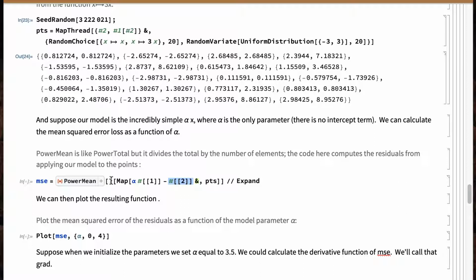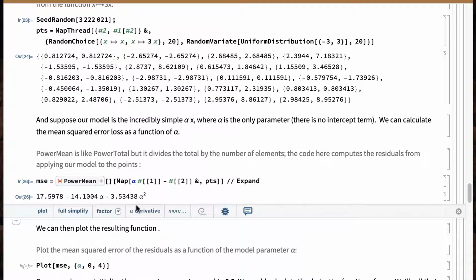Nothing really turns on it, but the Wolfram loss layers are the mean squared error loss measure, not the total squared error loss measure. And so in order to keep the analogy, I decided to use the wonderful power mean function instead of the wonderful power total function. All right, so we're going to get our expression for the mean squared error. There it is.